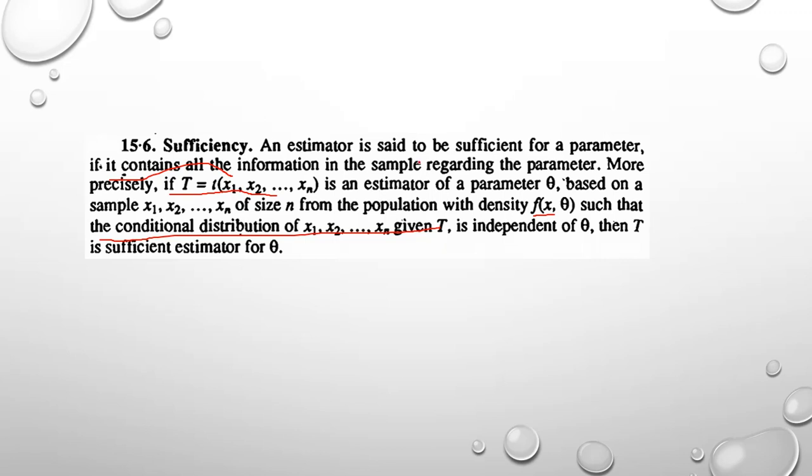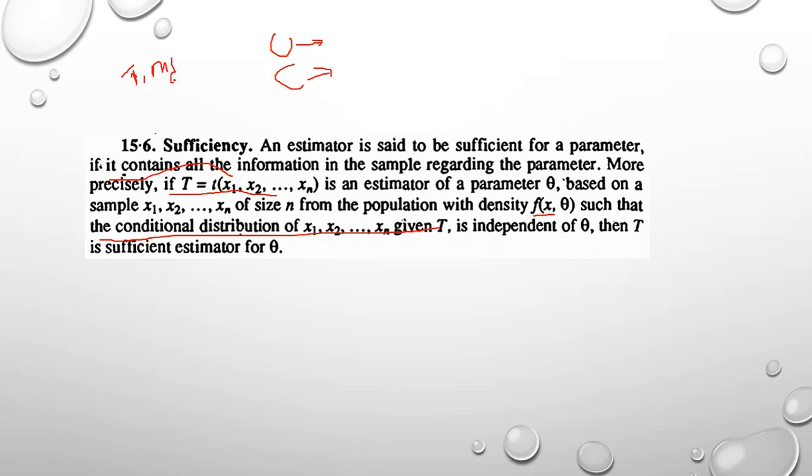What is the role of sufficiency? There is an infinite number of unbiased estimators. After unbiasedness, consistency is important. As I explained in the previous video, if you take a normal distribution, x bar and the median are both unbiased and consistent.